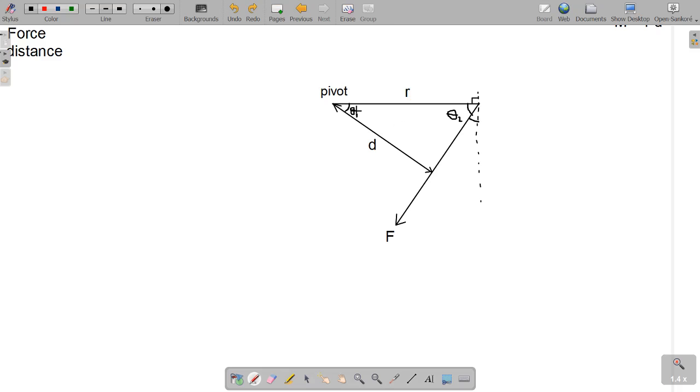You know that this is also theta 1, because theta 1 plus theta 2 equals 90 degrees.